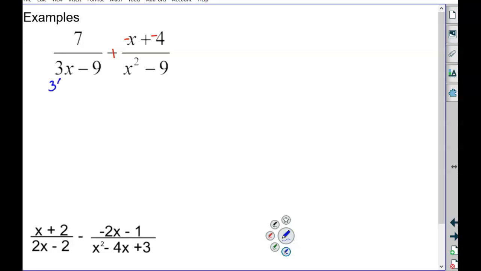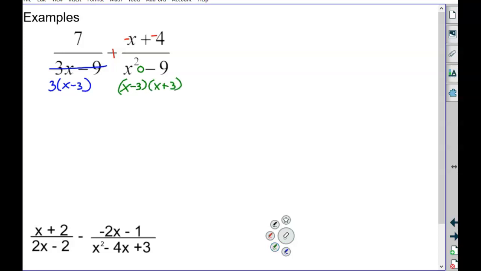So I'm going to factor out a 3 here. And I'm just going to cross that. And then I'm going to factor this one, and notice this is one of those special patterns. What times what gives me negative 9, but adds up to give me that 0. X minus 3 and x plus 3.